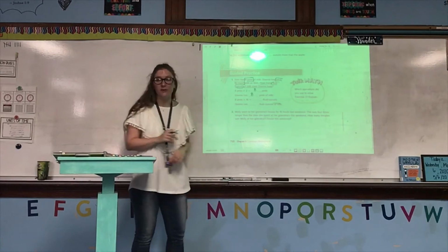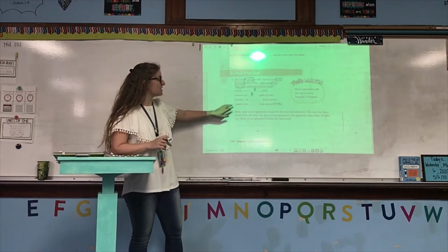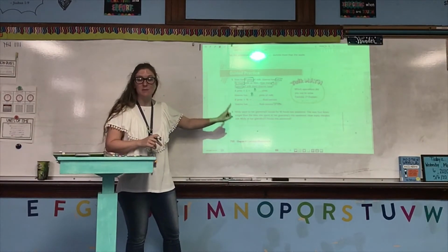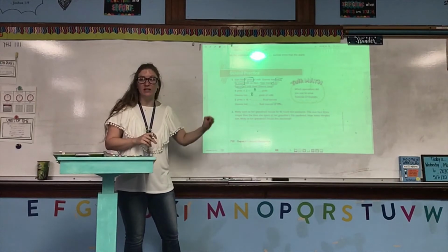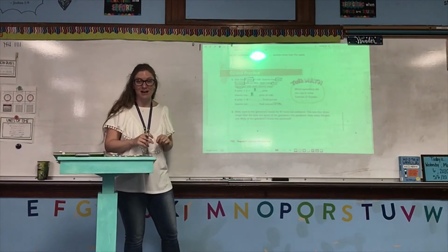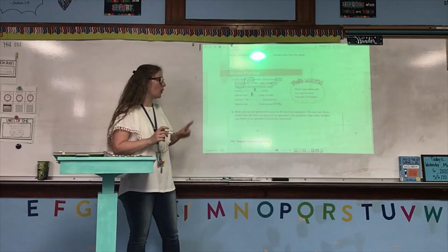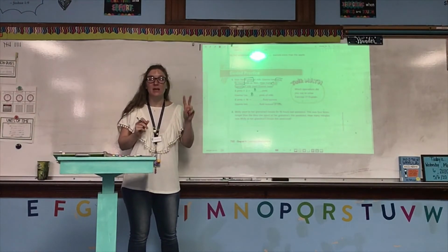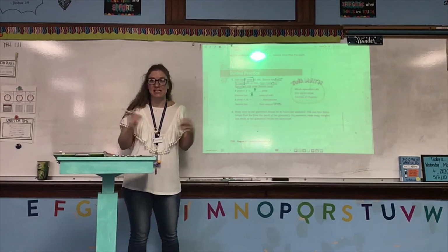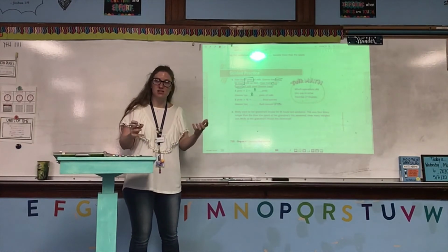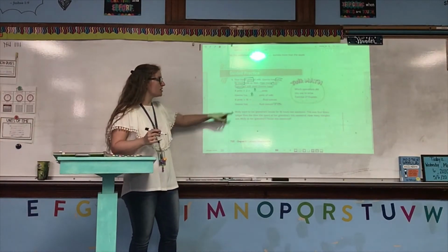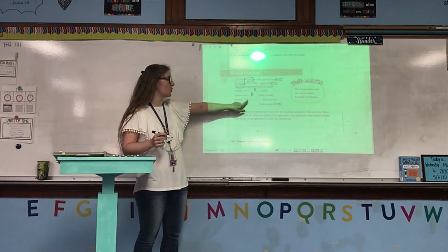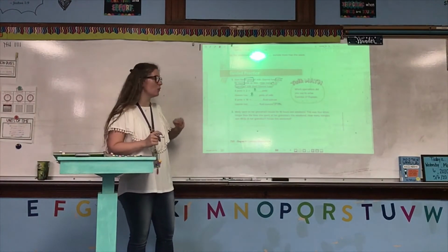Well, we know from our conversion chart that 1 pint is the same as 2 cups, and 1 cup is the same as 8 fluid ounces. So if 1 cup is the same as 8 fluid ounces, that means 2 cups is the same as 16 fluid ounces, because 8 times 2 is 16. So that means there are 2 cups or 16 ounces in 1 pint.